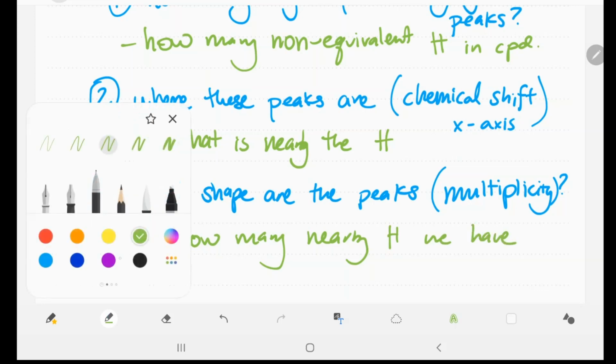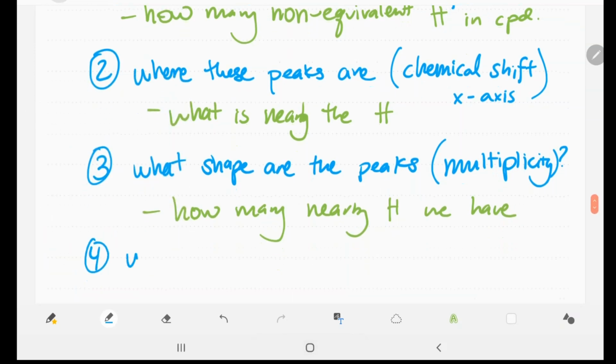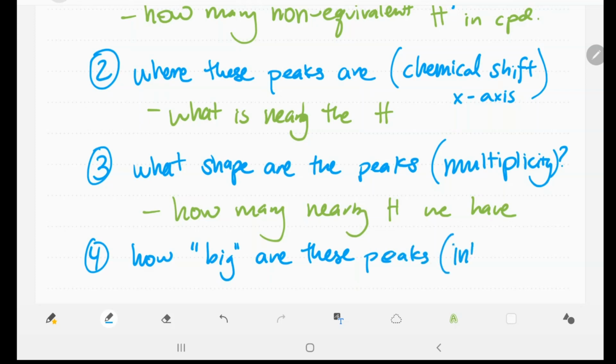And then the last thing is how big are these peaks? And really, we actually integrate them.